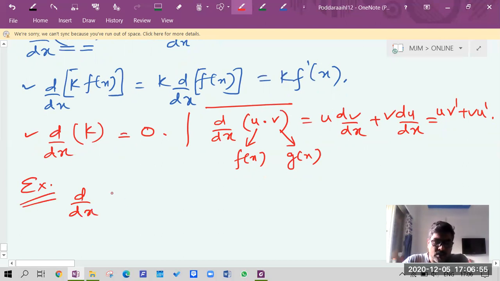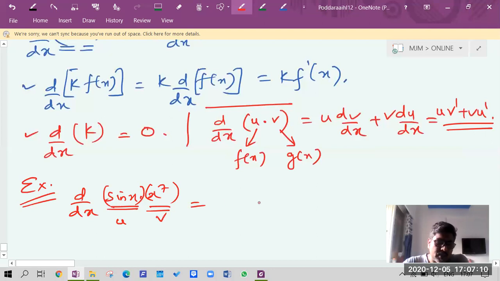Say d by dx of sin x into x raised to 7. So there are two functions. This is f of x, this is g of x. So you'll use this formula. What is this formula? Take any one as u, other as v. Keep u as it is and differentiate x raised to 7. So it becomes 7x raised to 6.